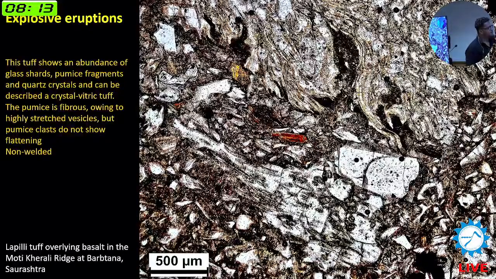This is a photomicrograph which shows that eutaxitic texture. Here we have a pumice fragment, which is a vitroclast, showing stretched vesicles, which is set in a relatively undeformed matrix of broken crystals and broken vitroclasts, indicating that the pumice, when it was within the vent, was experiencing deformation due to volatile expansion and not deformed during or after the deposition that took place.